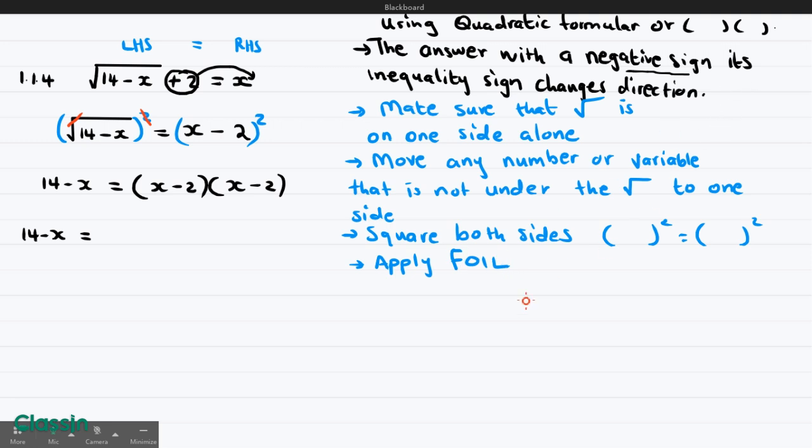Now, what does FOIL mean? First, the numbers that appear first in your brackets, outer, the numbers that seem to be the last or outside, inner, the ones that are found inside, and last.